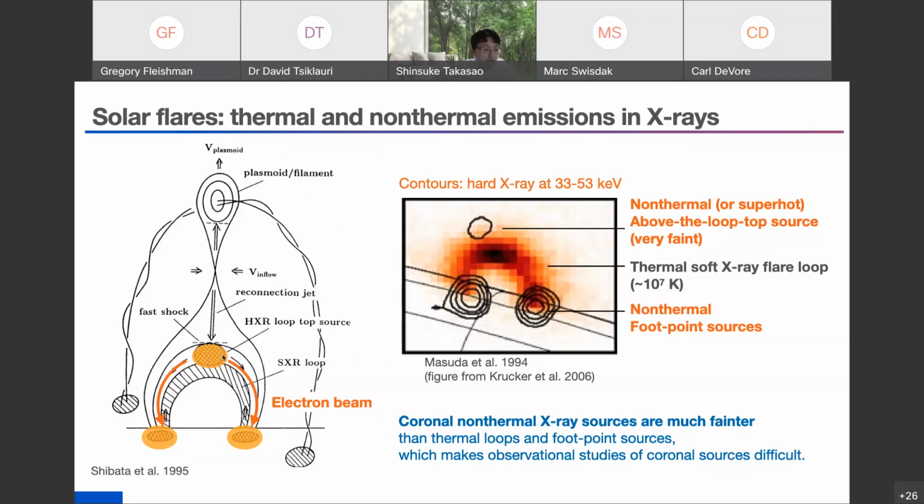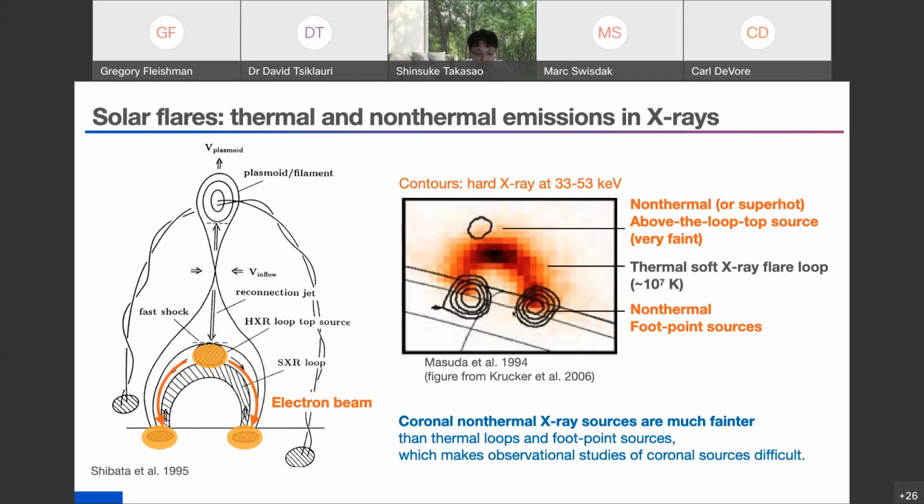And the non-thermal electron beam will penetrate to the lower atmosphere to produce the non-thermal footpoint sources via the thick-target mechanism.